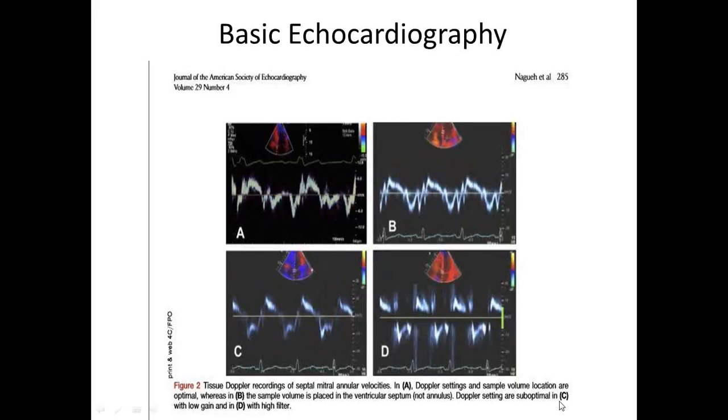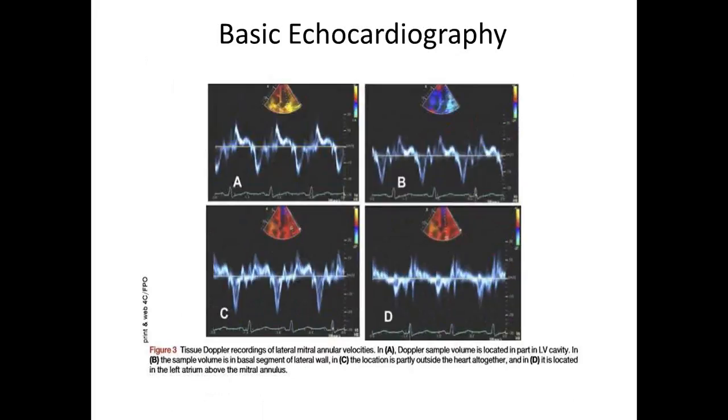And then in C, if you have a low gain, you're not going to see the stuff properly, and then with high filter. So the important point here is to make sure that the location is correct and your gain setting is optimal.